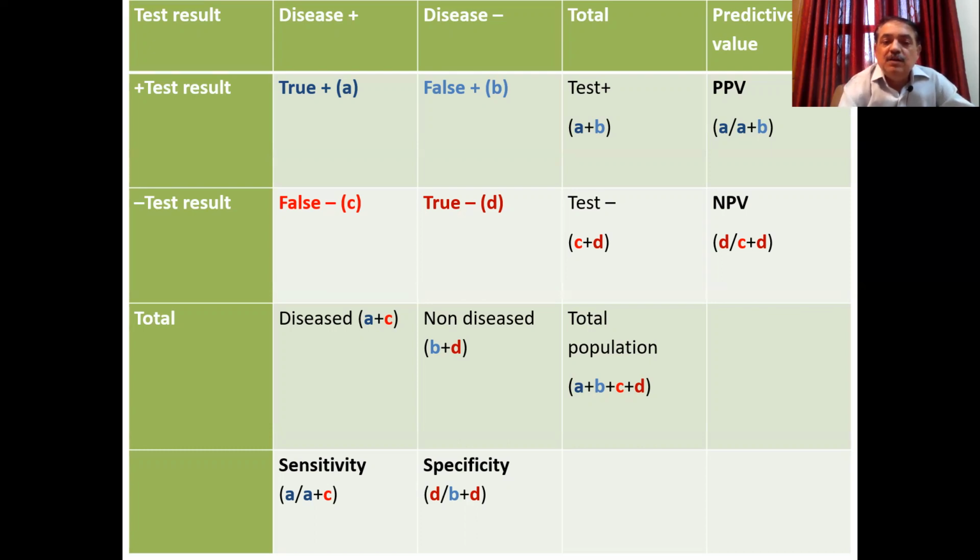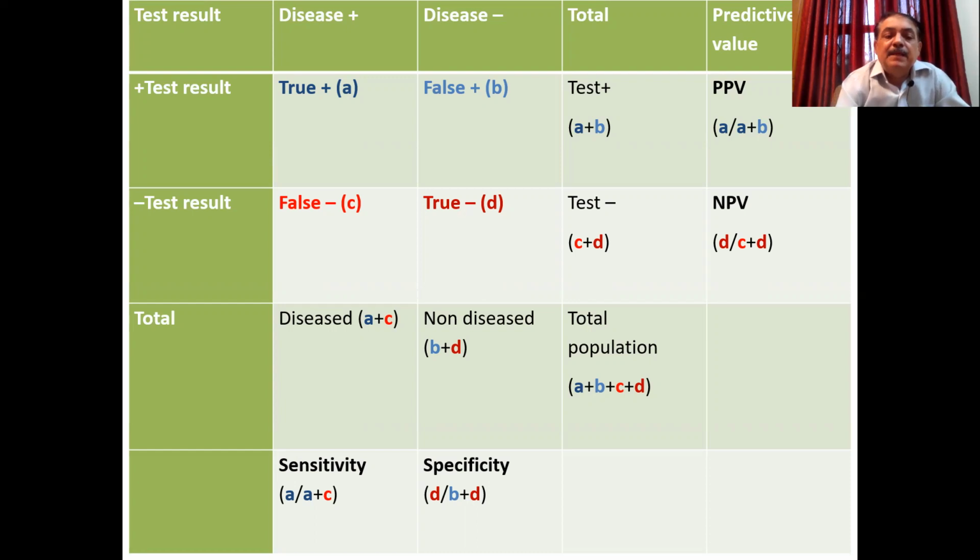And when in non-diseased you get the positive result, that is false positive, B. And when you make the total of all the positives, you check how many true positive out of all the positive. And at the end of the first row, you can get the positive predictive value, that is true positive out of true positive and false positive.